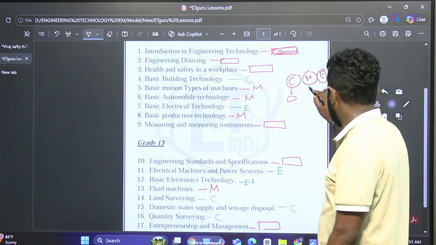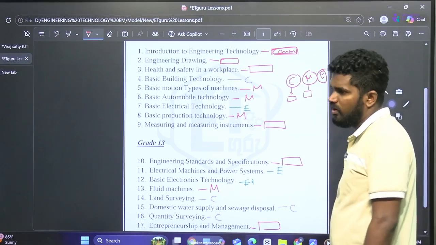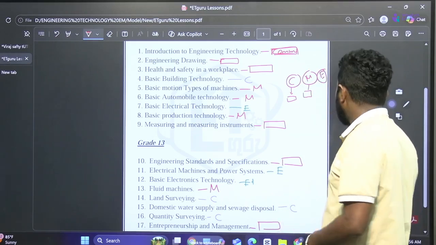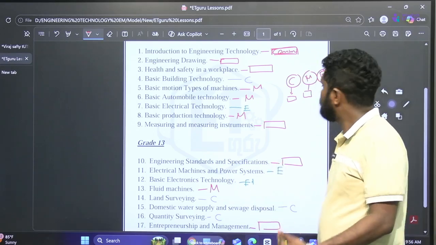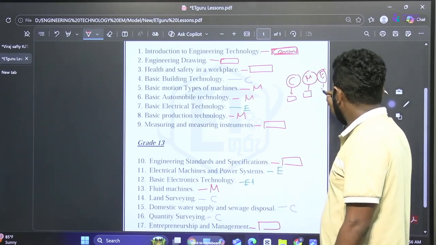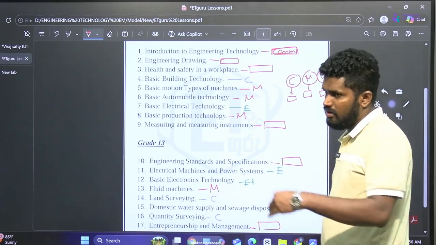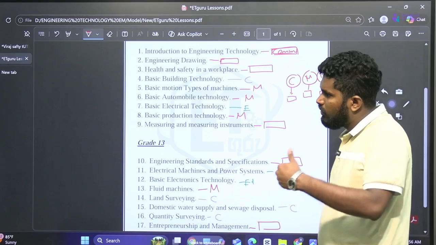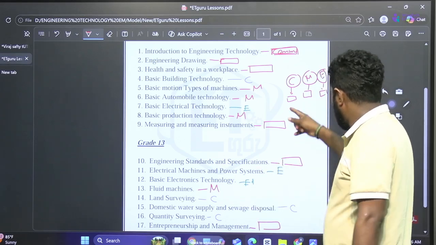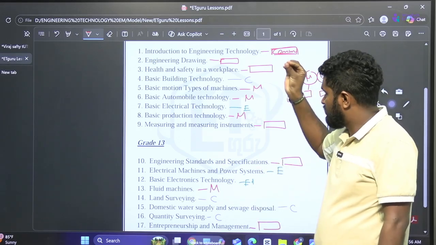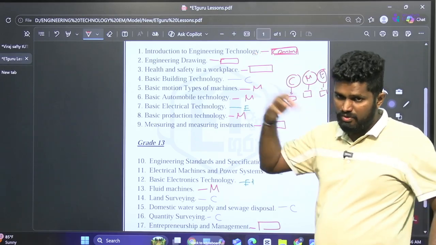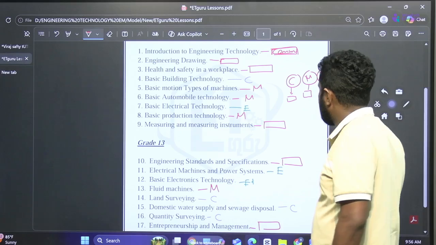In the mechanical field, we can manufacture a machine or some vehicle, part by part. And in electrical and electronic, we are doing some wiring. Before manufacturing any product, we have to do the design part, no? That's why we discuss engineering drawing. But in ET, we are doing only mechanical drawings.